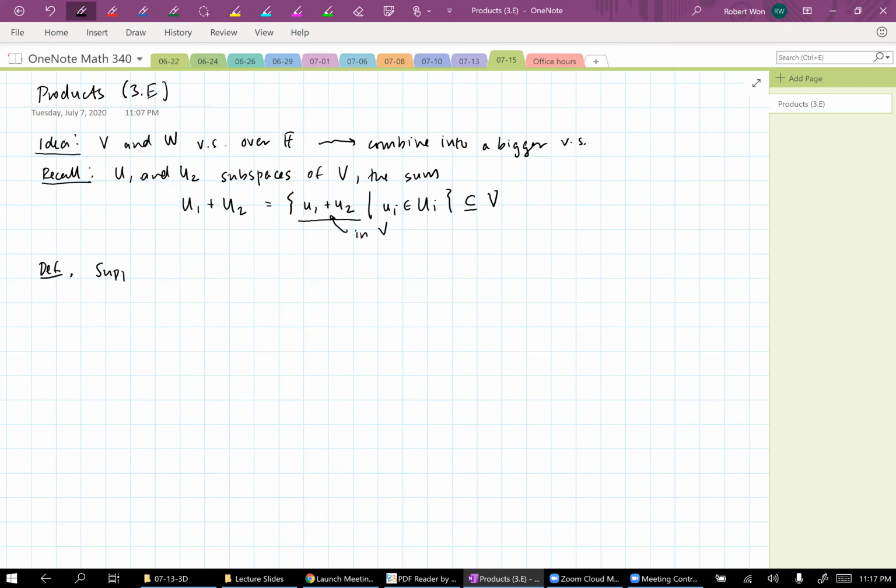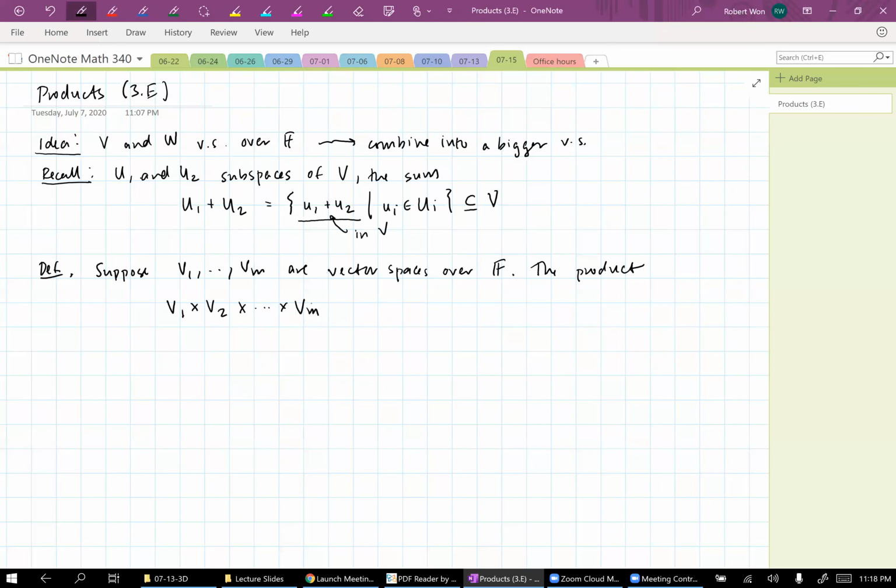Okay, so this is defined not just for a pair, but actually any number of vector spaces over F. Let's say any finite number of F vector spaces. Then the product of these vector spaces, we denote it with times signs, right?